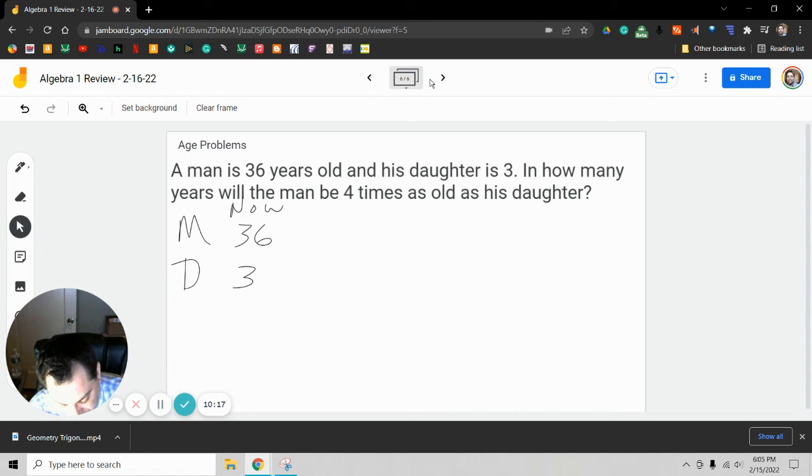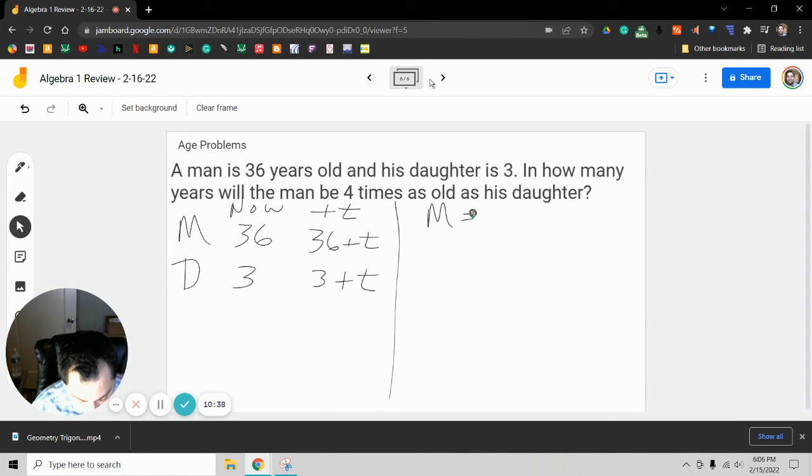We are adding some number of years, so we're going to do 36 plus t and 3 plus t. And it says here, in how many years will the man be equal to 4 times the daughter?